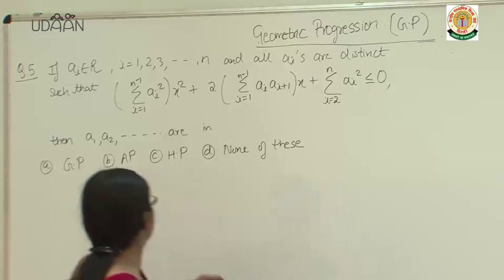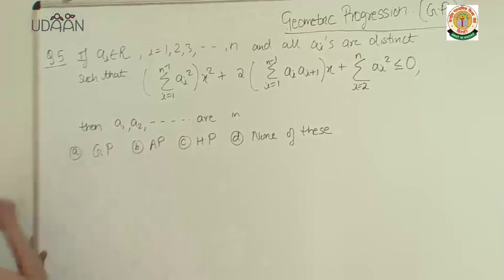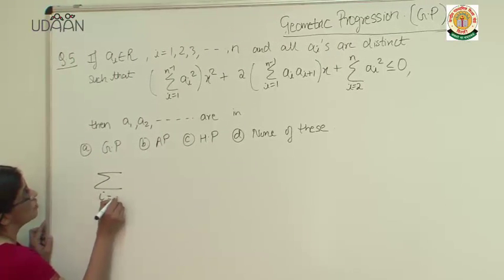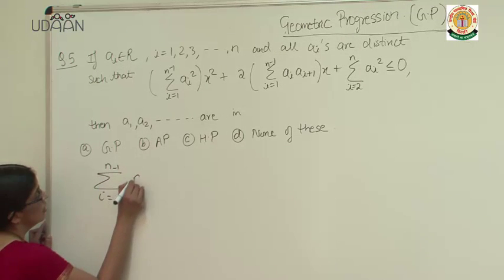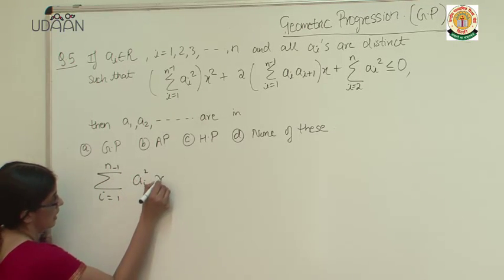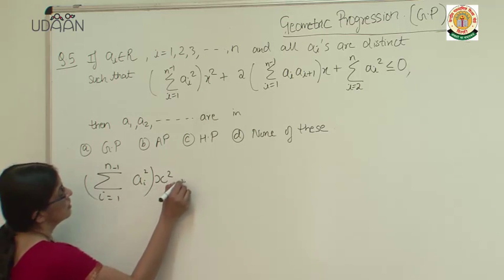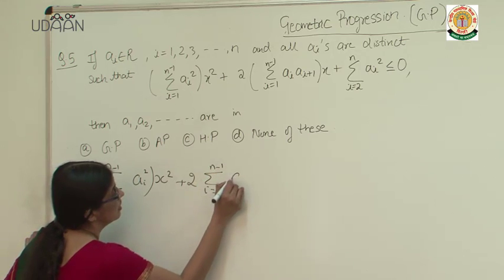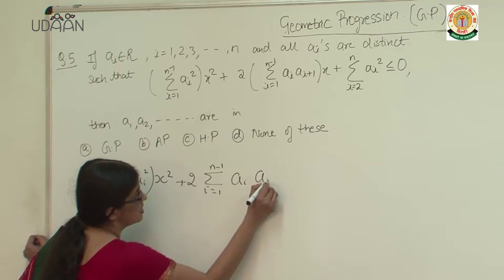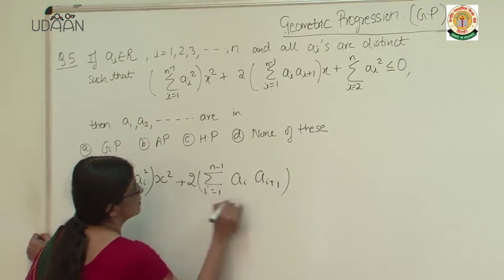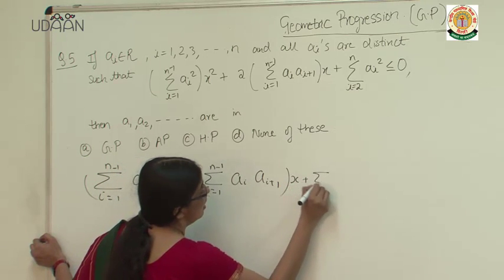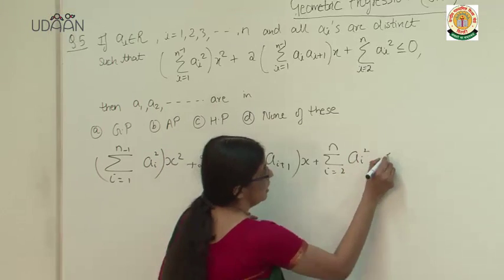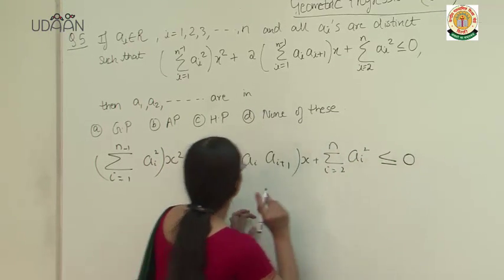Question number 5. Read the question. We are given sigma i equal to 1 to n minus 1 of ai square x square plus twice sigma i equal to 1 to n minus 1 of ai into ai plus 1 into x plus sigma i equal to 2 to n of ai square less than or equal to 0.